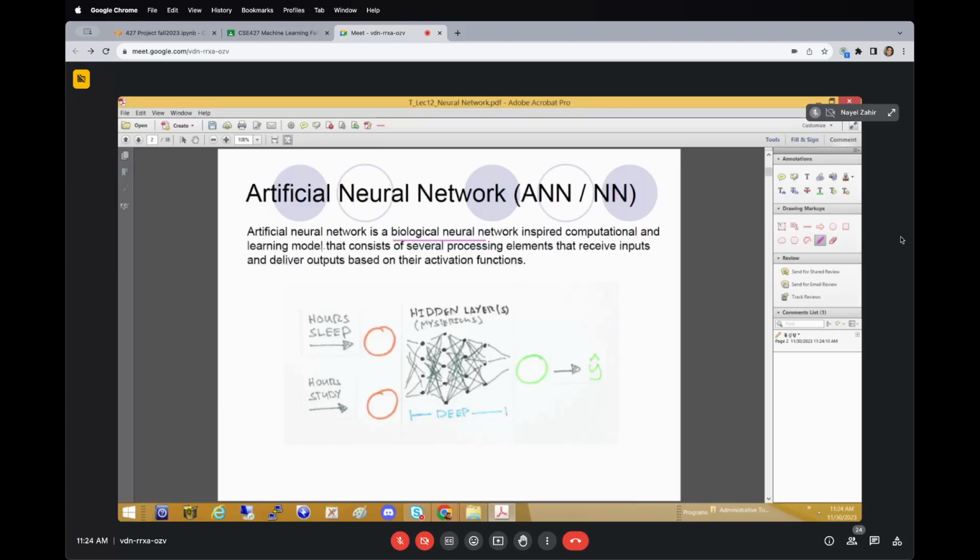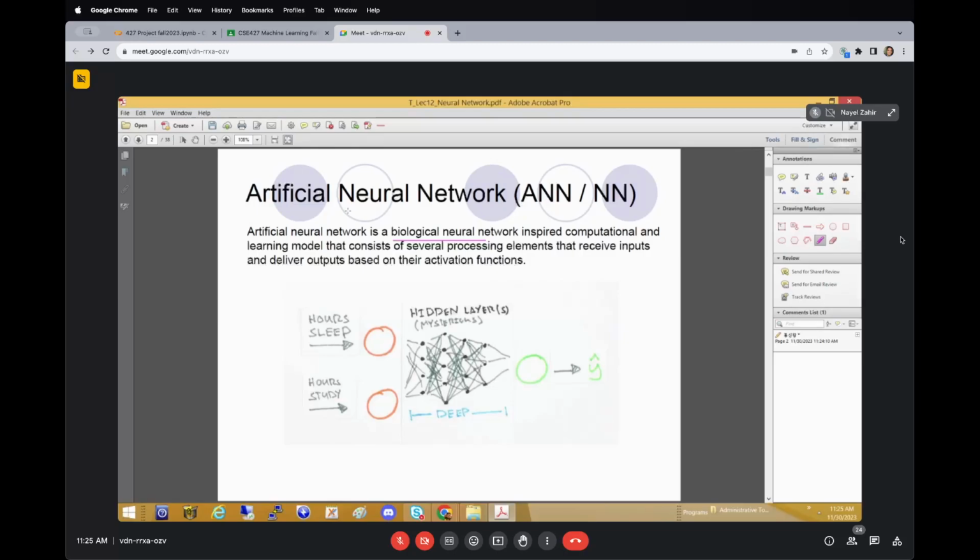So the artificial neural network is inspired by the connections and the units of our biological neural networks. What is the purpose of the neural network model? The purpose is the computation.